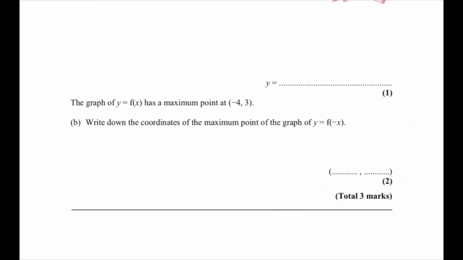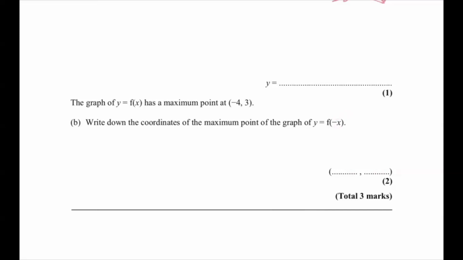Okay, so y equals f of x has a maximum point at -4, 3. And now we are being told that we've got y equals f of -x. Now remember what I just said. If it's tucked in with the x, then it's the x coordinate that gets affected. It's also the opposite of what we see.